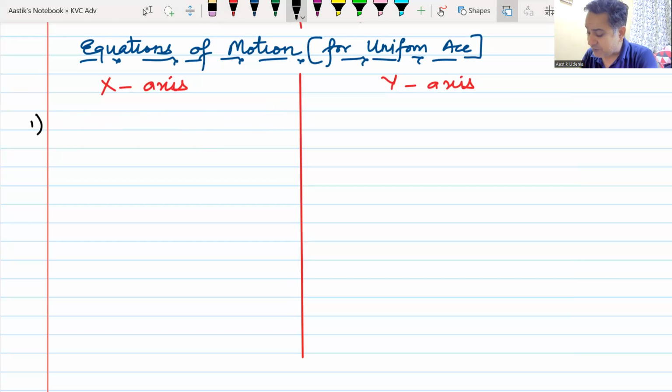The first equation that we wrote was v is equal to u plus at. Do we remember this? Now, instead of just writing it as v and u, I can write it as vx equals ux plus ax t. Do we understand this? Raise hands, it will give me more confidence.